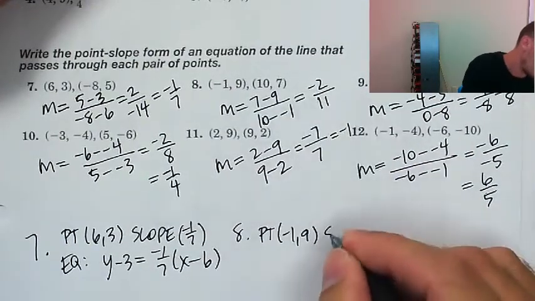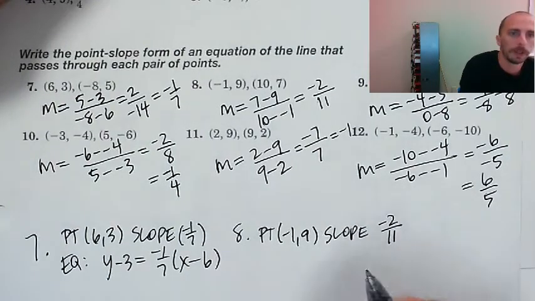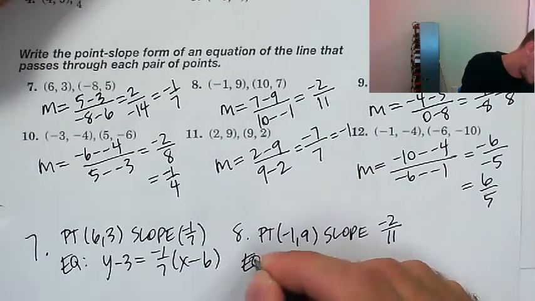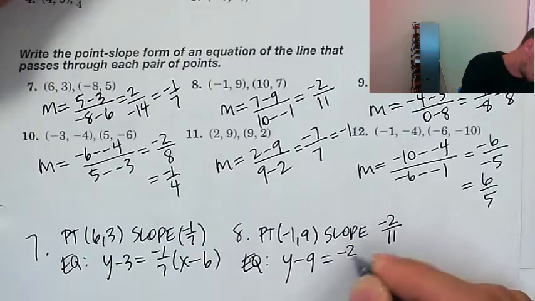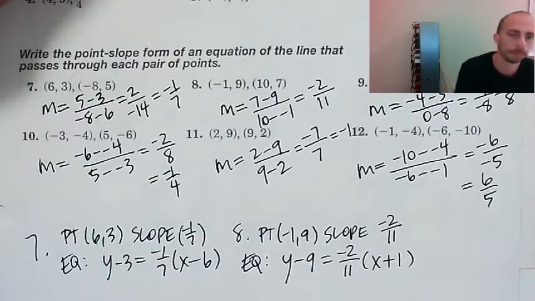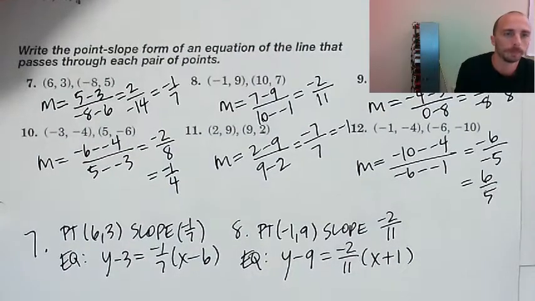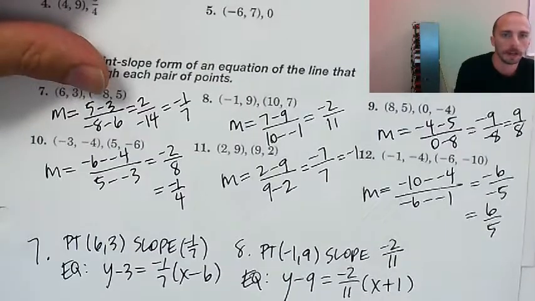The slope is negative 2 over 11. So my equation will be y minus the y coordinate is equal to the slope times x minus the x coordinate. Number 9, the slope is 9/8.